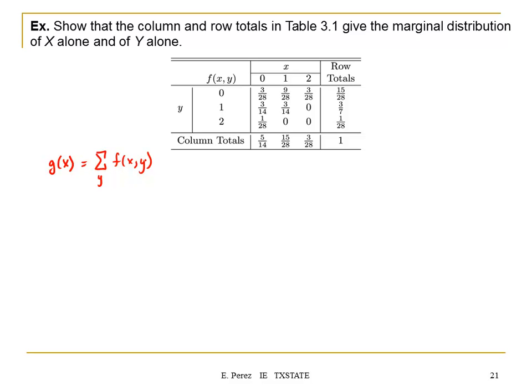So if we want to find the marginal of x, let's say for 1, you need to look at f of 1, 0 plus f of 1, 1 plus f of 1, 2. And that will be equal to 9 over 28 plus 3 over 14 plus 0, and that is 15 over 28.